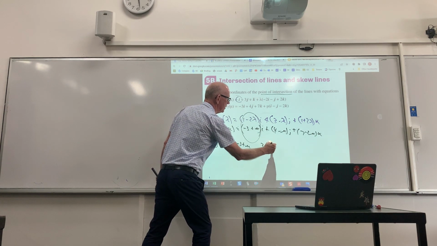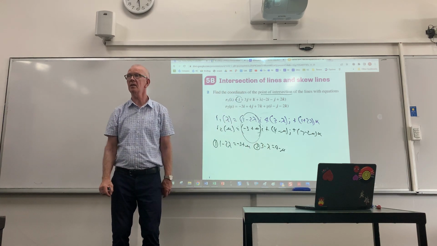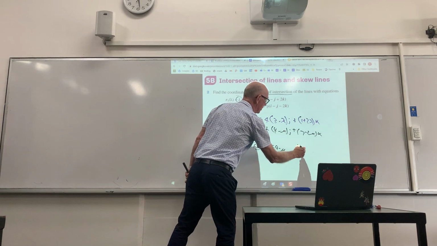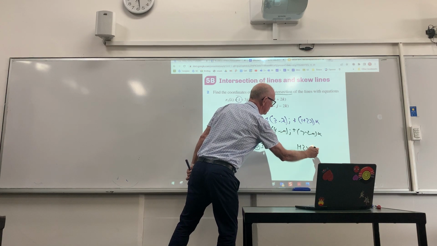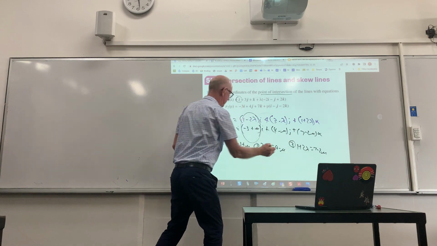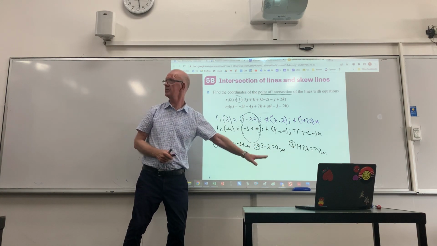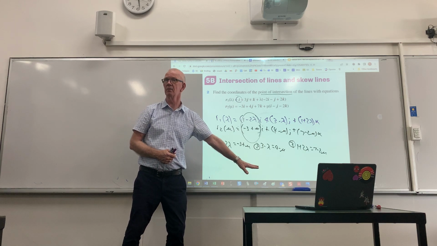3 minus lambda equals 4 minus mu, that's equation number 2 that has to be satisfied. And 1 plus 2 lambda equals 7 minus 2 mu is the third equation that has to be satisfied. 2 unknowns, 3 equations, I can solve them simultaneously.